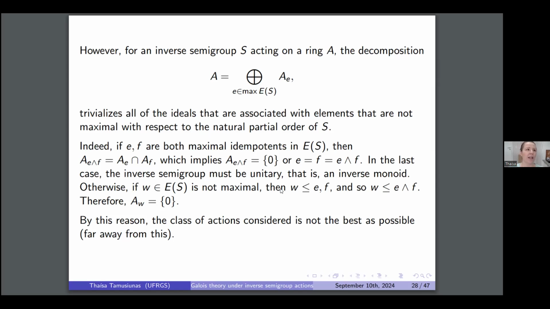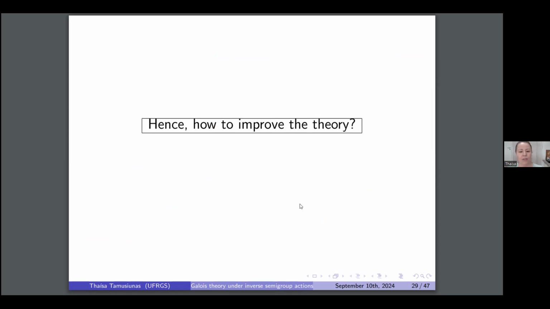And that's why in the correspondence there appear inverse semigroups and subalgebras that have some maximality associated, because many ideals were 0 here. And okay, so we thought, how to improve the theory?